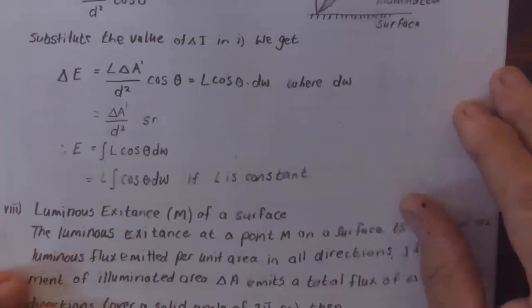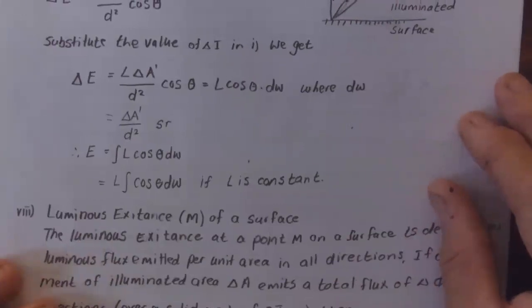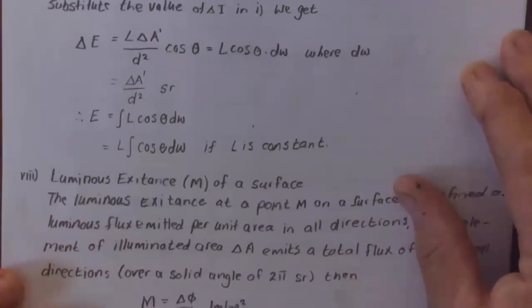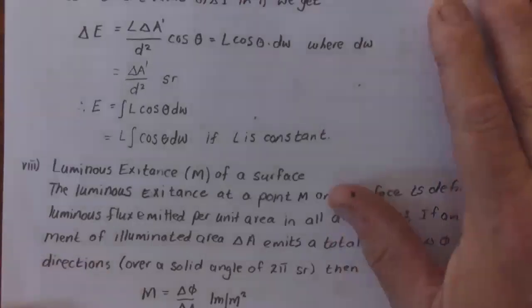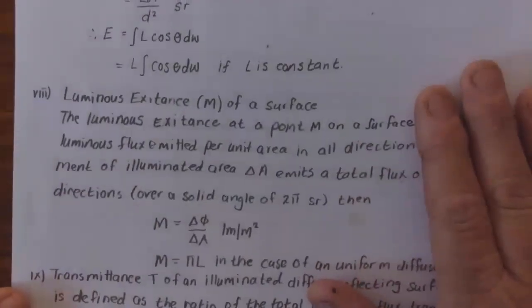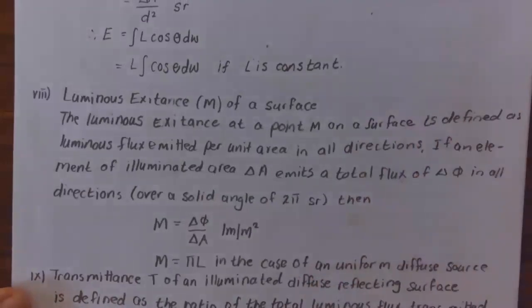Now, if we substitute this value of delta I in equation 1, we get delta E is L delta A dash over D squared cos theta, which is L cos theta d omega. And delta A dash over D squared is the solid angle. Therefore E is the integral of L cos theta d omega. And we can say it's L times the integral of cos theta d omega if L is constant.